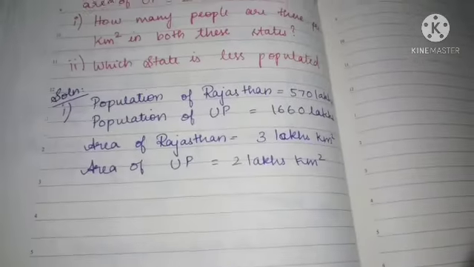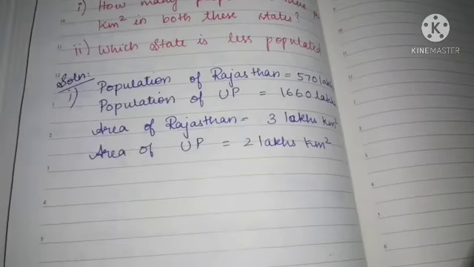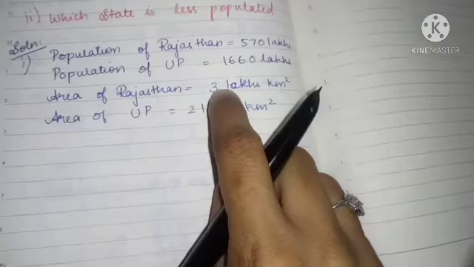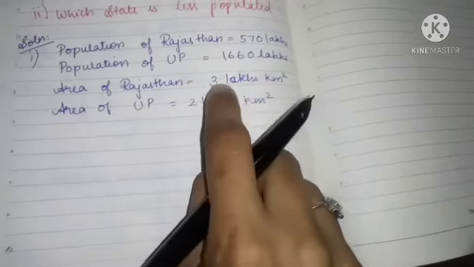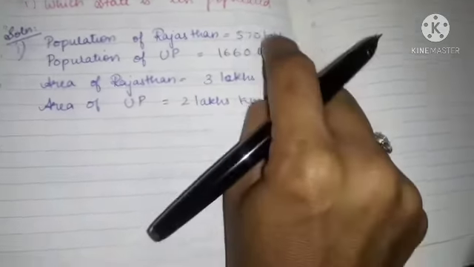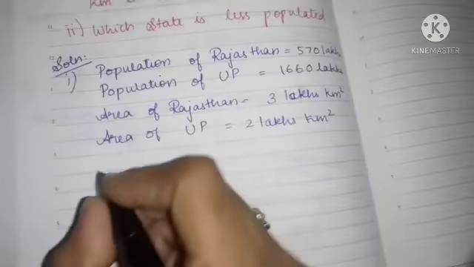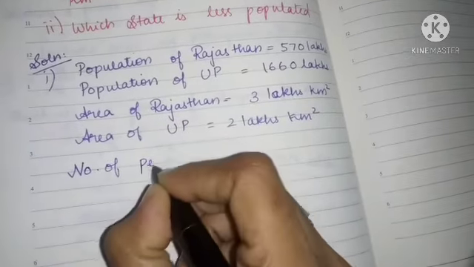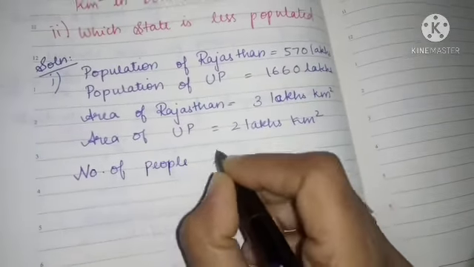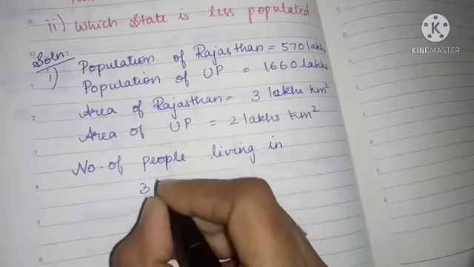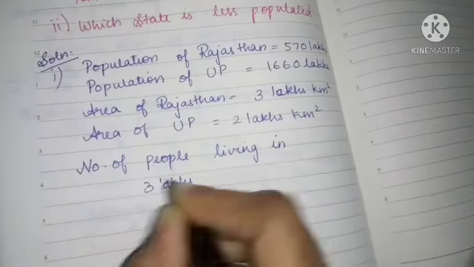Now Rajasthan's area is how much? 3 lakh kilometer square. In this 3 lakh kilometer square area, how many people are living? 570 lakhs people are living. Correct? So this is for Rajasthan.